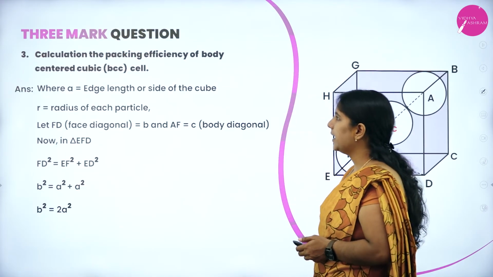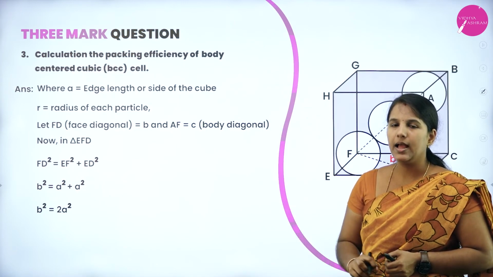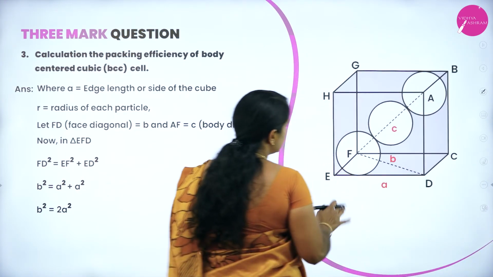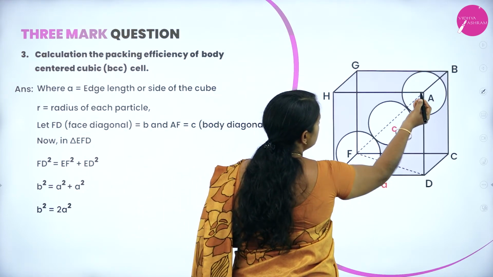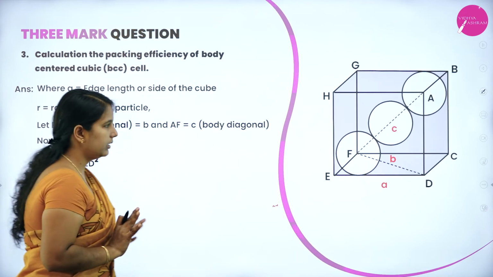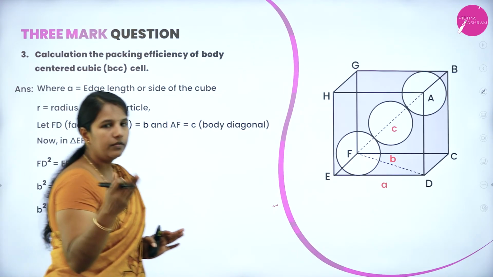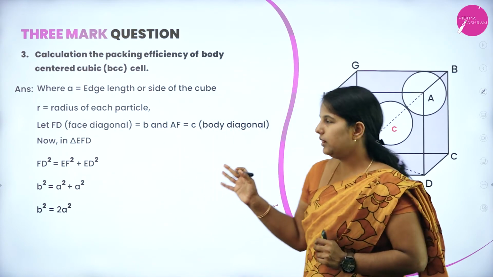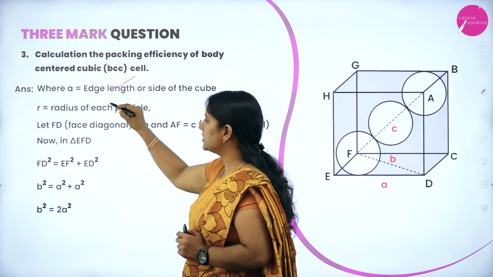Next, calculations of packing efficiency in body-centered cubic unit cell. Since it is a body-centered cubic unit cell, you have to show the particles at the corners and one more particle at the middle, that is C. Then relate the values of A, the edge length, along with R. So we know that A is the edge length, R is the radius.